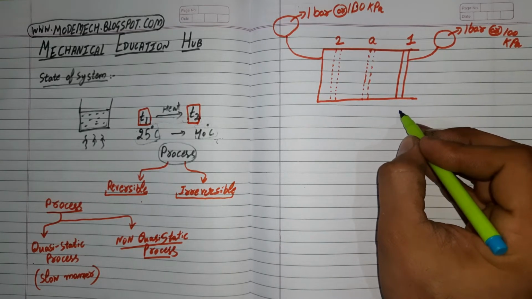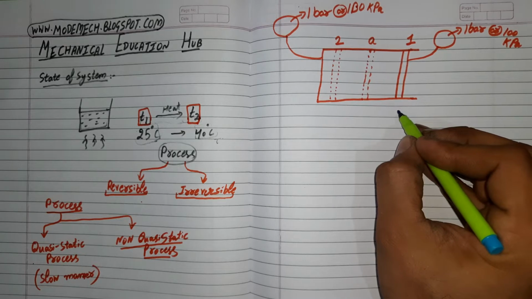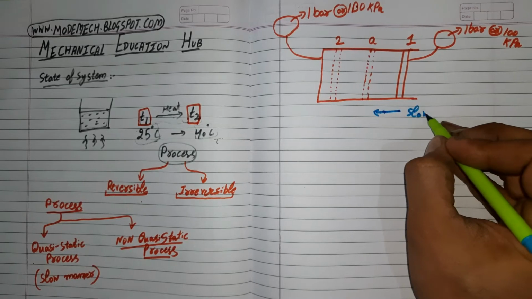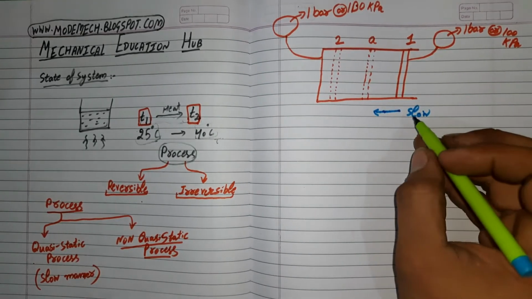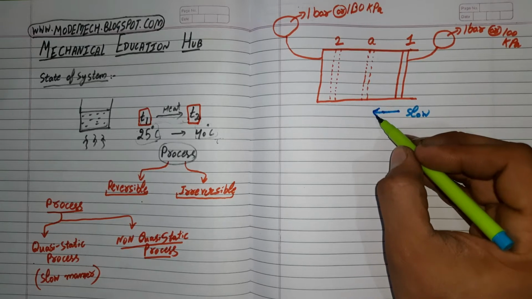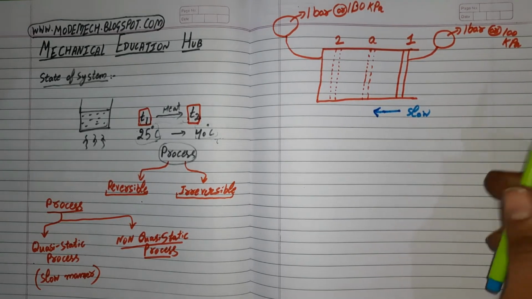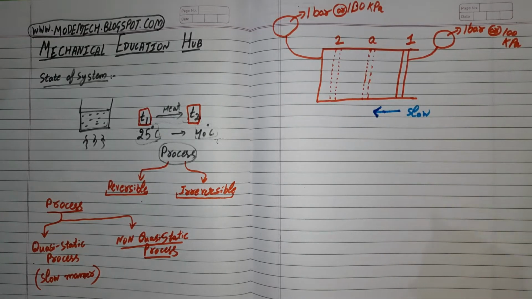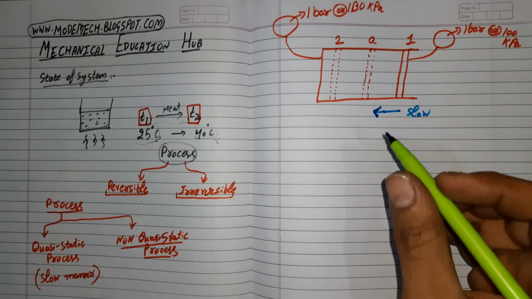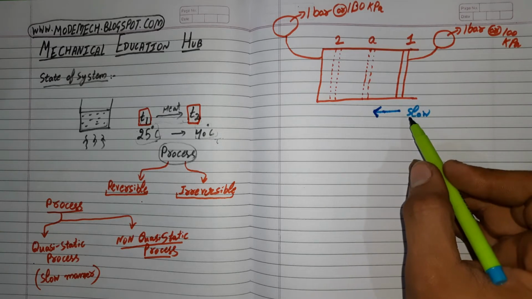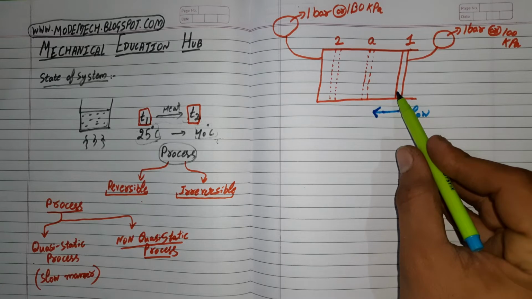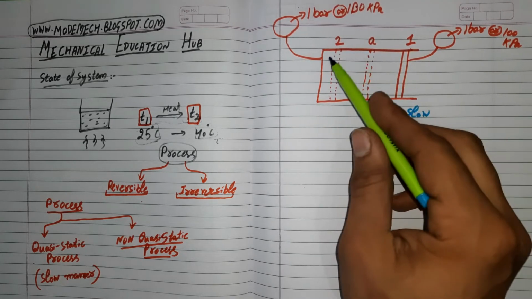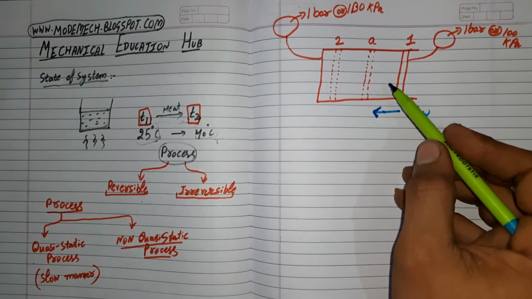Now this piston is doing compression in a very slow manner. As we are studying, a quasi-static process is slow, so we are compressing this piston in a very slow manner. As the piston moves from its initial position to its final position, the pressure inside the cylinder will start rising.